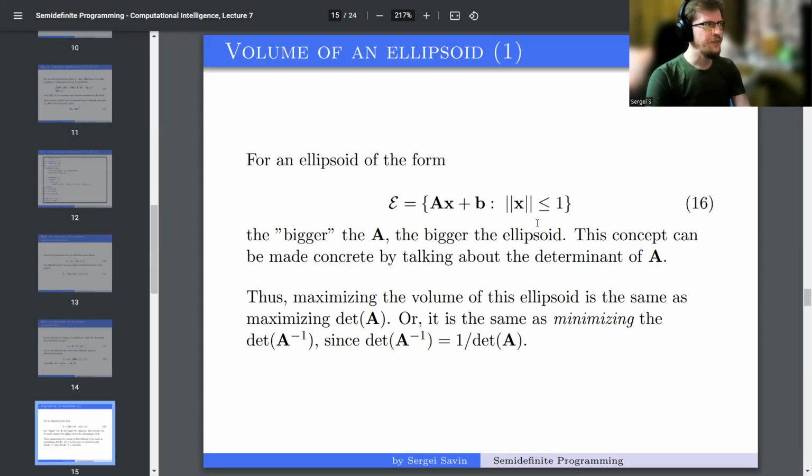In order to clarify what we mean by bigness, instead of saying large eigenvalues, etc., we can talk about the determinant of A. And you remember the determinant of A has something to do with eigenvalues too, right?